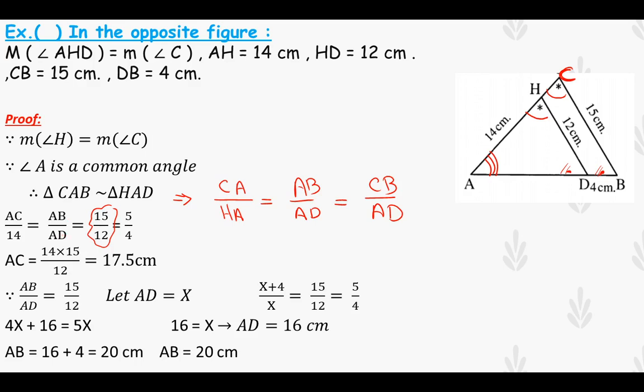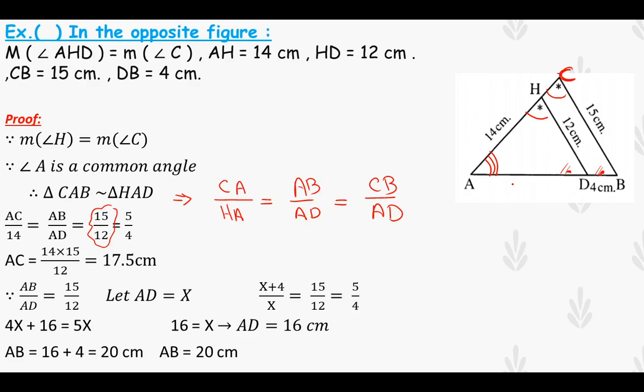So how can we find the length of AB? Okay, here we know that AC now equals 17.5 and HA equals 14. AB we don't know its length, and AD also we don't know its length.